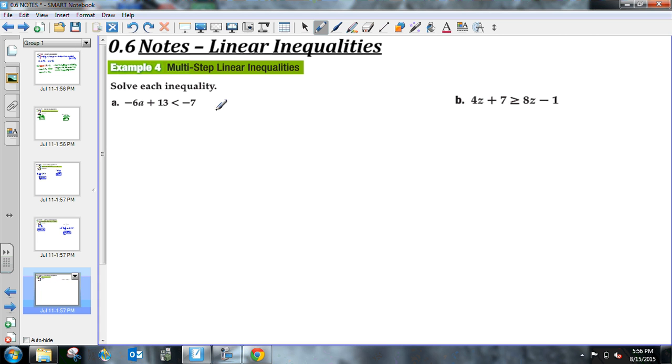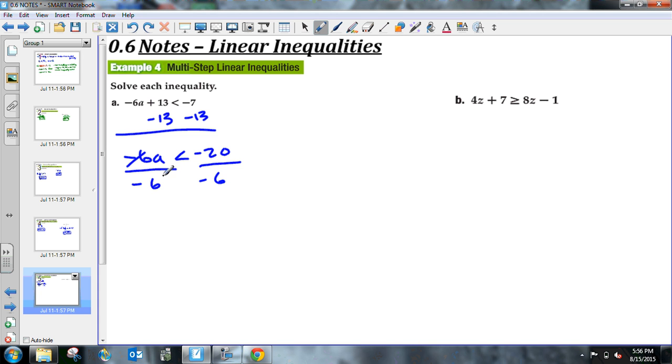This is a multi-step. All right, so we've got a lot of things to consider here. I need to isolate my a. Okay, I'm going to subtract 13 on both sides, and so I end up getting negative 6a is less than negative 20. Okay, and then I'm going to divide by negative 6. If I divide by negative 6, that means I have to flip my inequality.